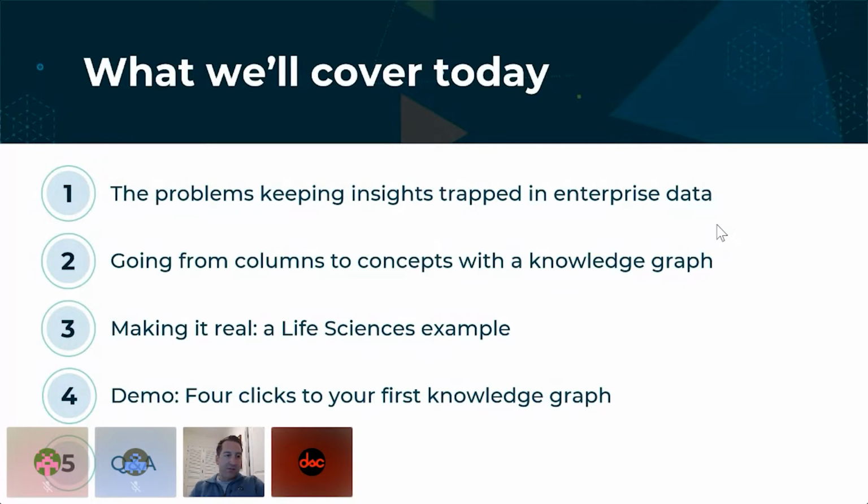We're going to talk about typical data wrangling processes and challenges, and how a knowledge graph can take you from the columns of your data warehouses and your data lakes to the concepts in a knowledge graph. We're going to provide a real life example and use case in the life sciences space. Then we'll do not a hands-on demo, but a demo, of how you can build your first knowledge graph in only 4 clicks. And then we'll end with Q&A.